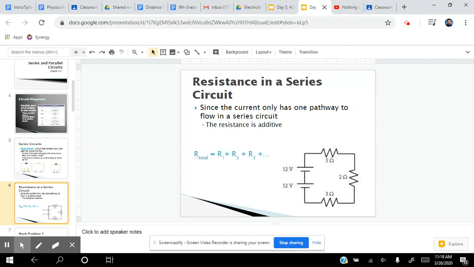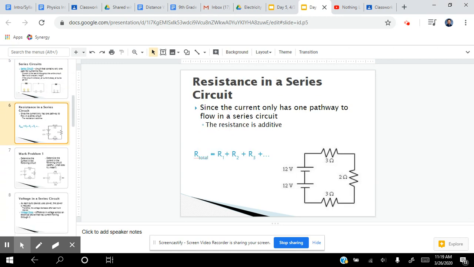Now looking at resistance in a series circuit. In order to find resistance in a series circuit, all we're doing is adding all the resistors together, right? That's how we're going to find the total resistance. Sometimes this might be called R total, as it says right here. I actually like to use REQ, which just means equivalent resistance.